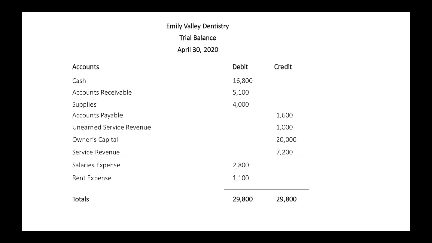Now, if you go through and you realize, nope, I didn't make a math error, there's a few things that you can do. Let's say that our debits and credit total amounts are off by 1,000. If there's a $1,000 difference between your total debits and your total credits, we would take that 1,000 and we would divide it by 2. So we would have 500 then, right?